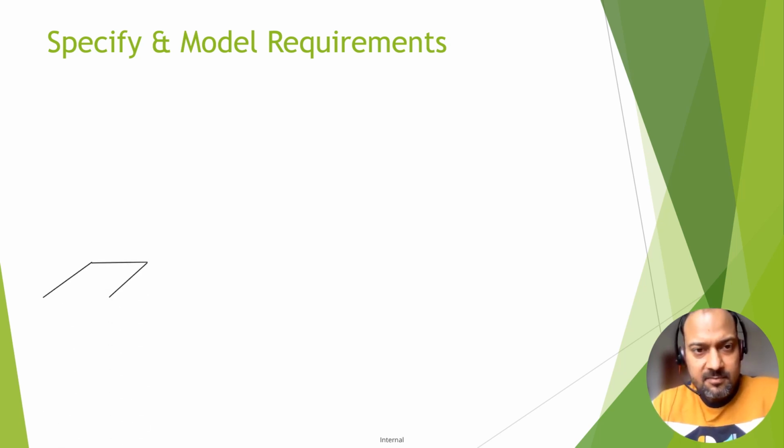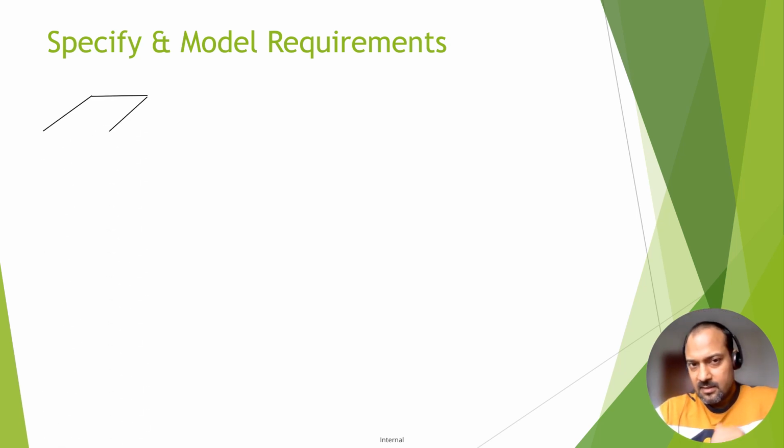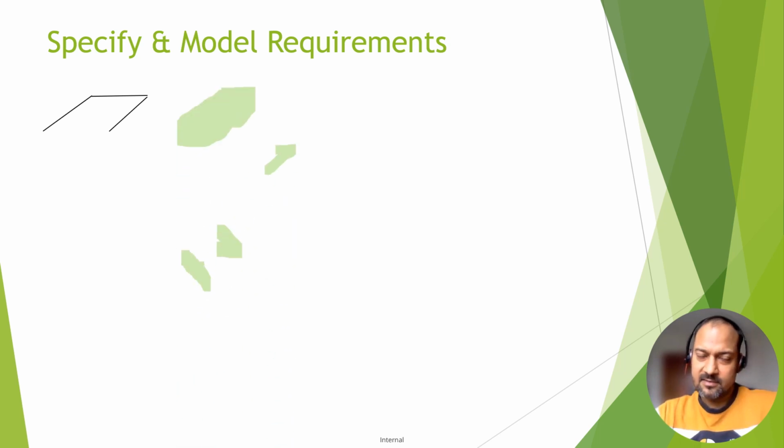Specify and model requirements. Now here we are talking about the requirements. Let's take an example again. We have to create a metal box, and when we have done elicitation with the different stakeholders, we come to a requirement that we need this kind of a lid. Another says we need different forms of paints or colors available.